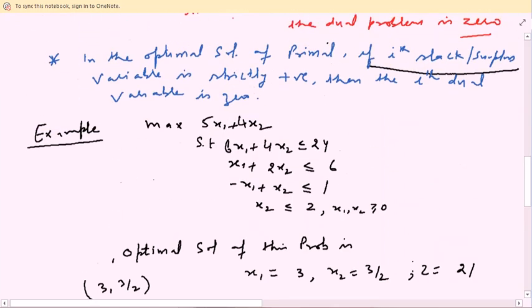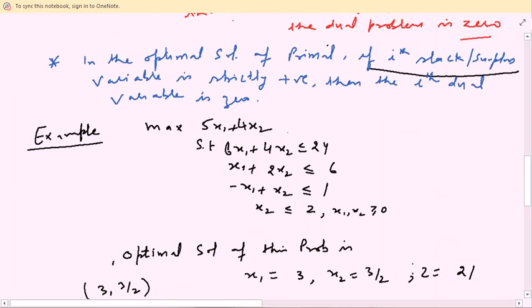But if we look at this problem, this constraint essentially means that it is 6x1 plus 4x2 plus s1 is equal to 24. S1 is my slack variable. So in total this problem has four constraints, four more variables, like x1 plus 2x2 plus s2 is 6 and so on.